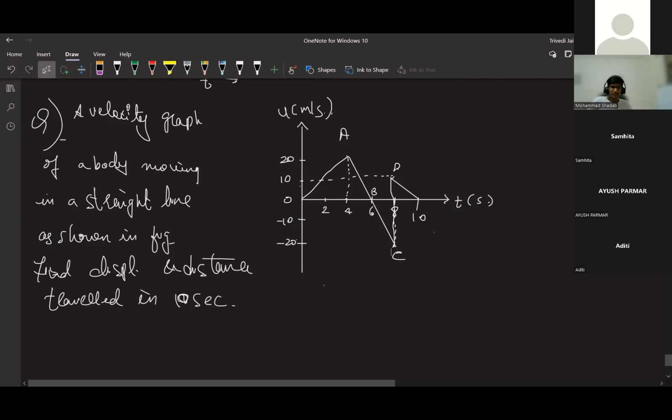Even seeing the graph, you can answer this. No, you have to find the area.